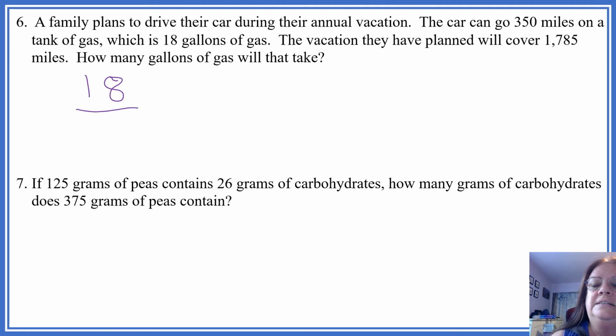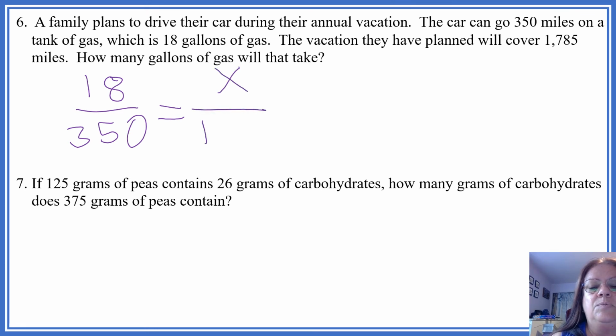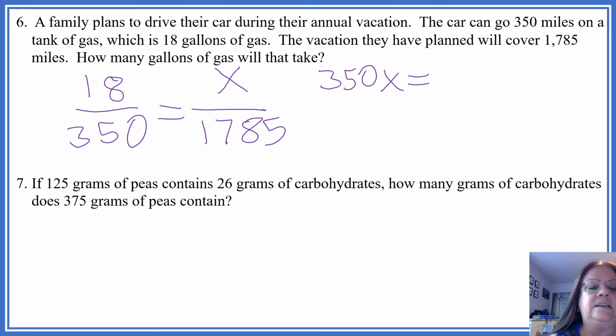18 over 350. And that's how many gallons will take the 1785. So we multiply: 350x is equal to 18 times 1785, and I get 32130.